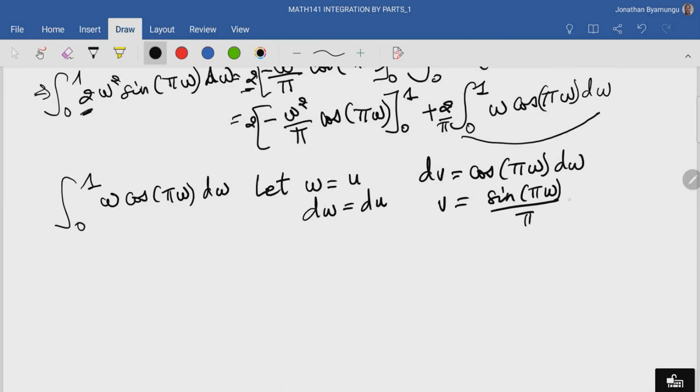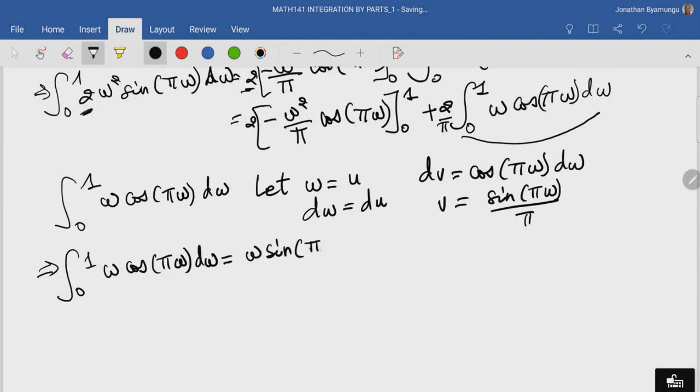And now that we have that, this means that the integral from 0 to 1 of w times cos pi w dw will be u times v, which means w times sine of pi w divided by pi minus the integral of v du, which is sine of pi w divided by pi times dw.